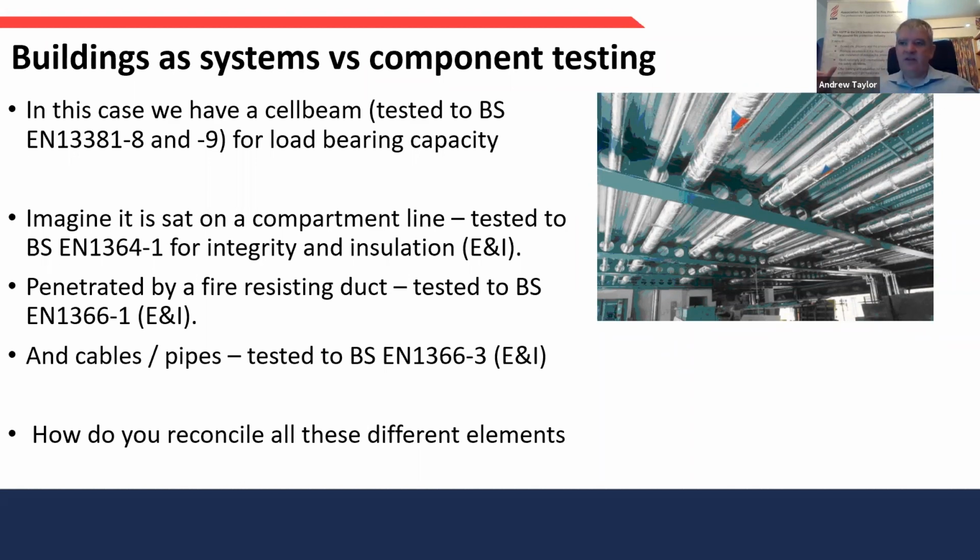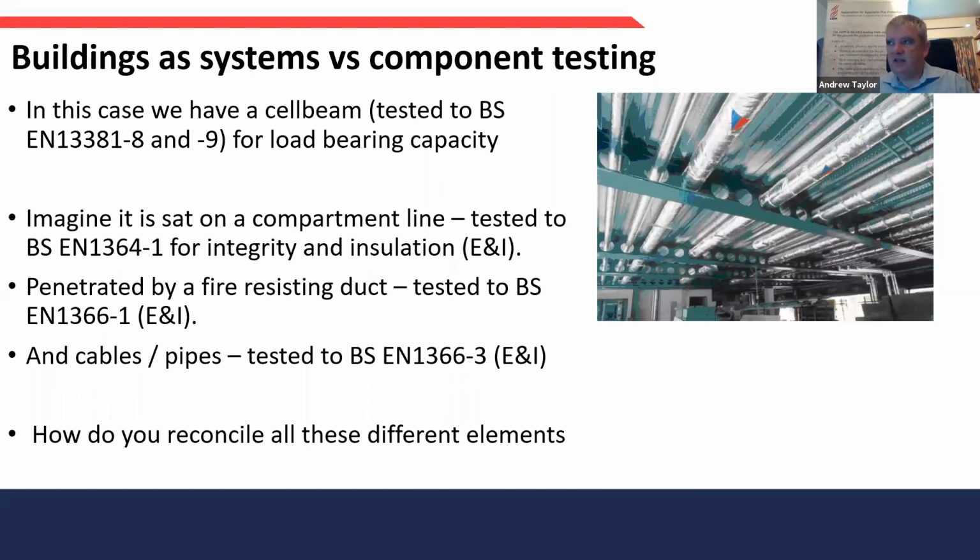It's at that point that we've got the challenge, because the building is a series of these things coming together, and we've got to model how all those systems interact and work with one another. At the moment, there's no test standard that brings all these things together, and given the infinite number of combinations, you couldn't do it within a standard.